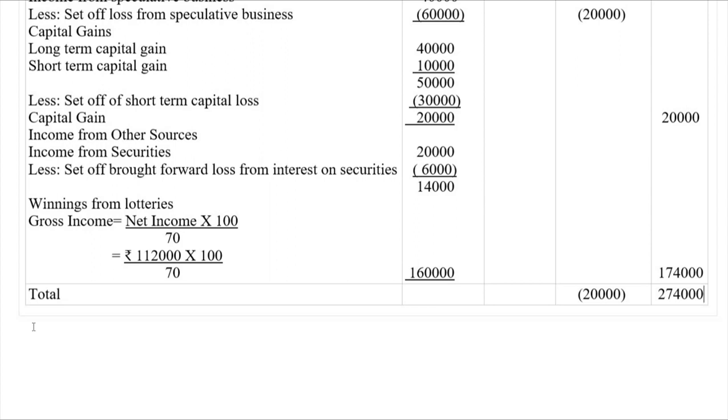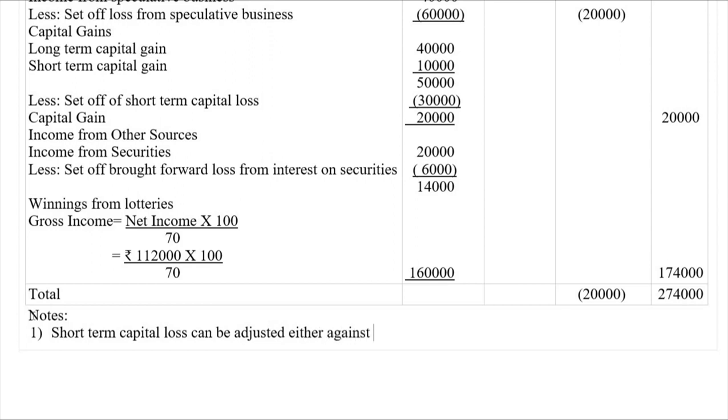So now let us go for the notes here. Note number 1: Short-term capital loss can be adjusted either against long-term capital gain or short-term capital gain.